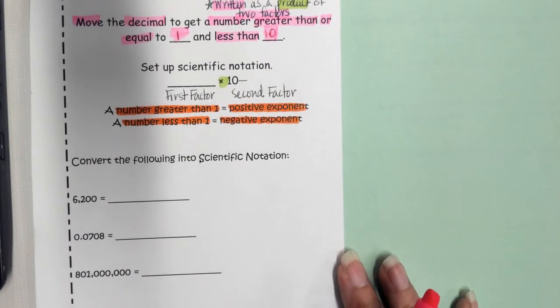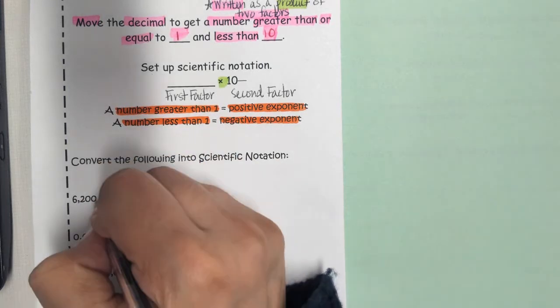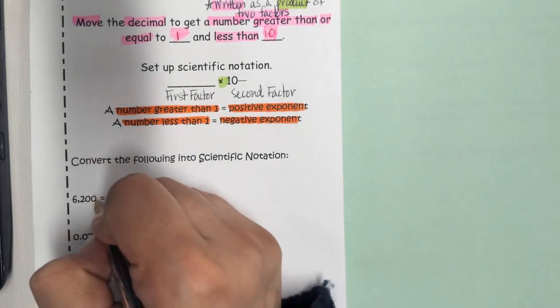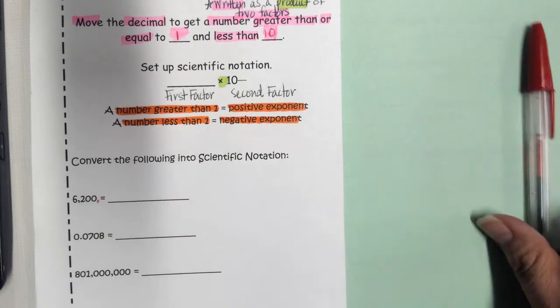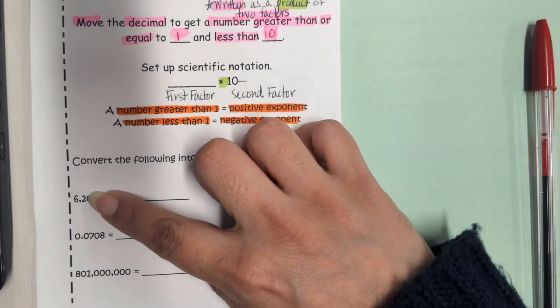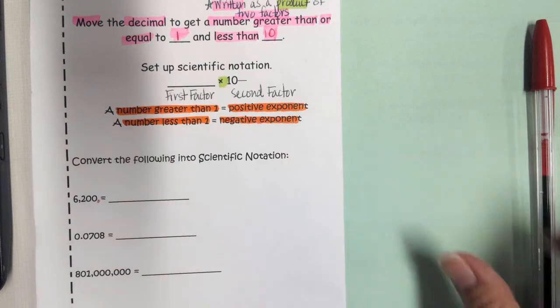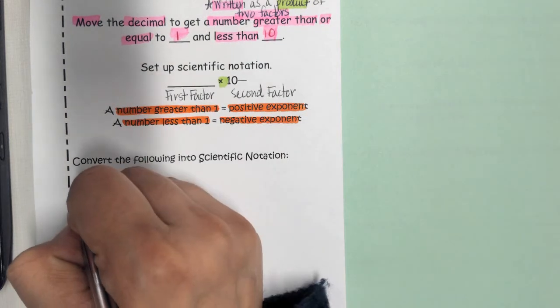Okay, so we have this number right here, 6,200. So initially, my decimal is hiding in the back. So I need to move the decimal. If I move the decimal one time, I get 620, 62, and then the number 6. Well, the number 6 is a number that is greater than 1 and it's less than 10. So I want the decimal to go right here.